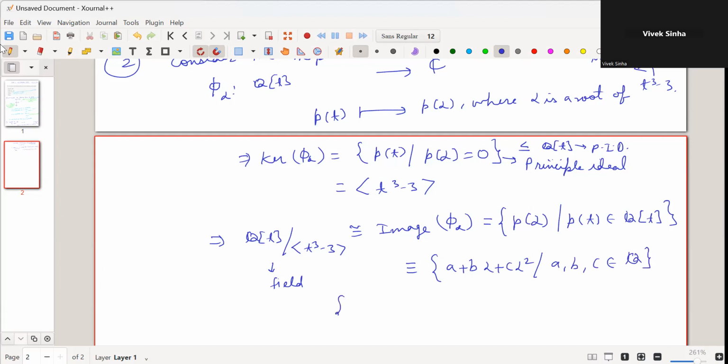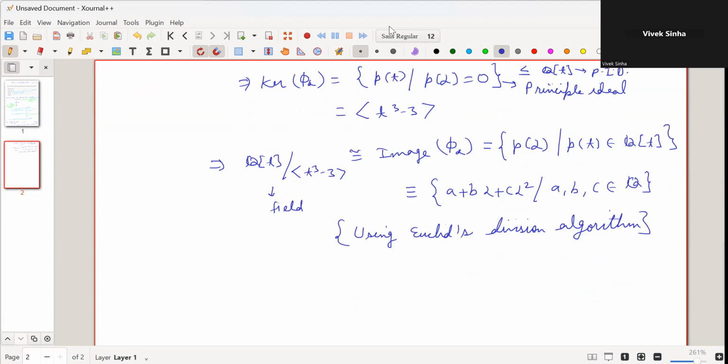Here you can use Euclid's division algorithm. So why is it so? Say you have a polynomial of degree greater than or equal to 3. Then you can divide it by t cube minus 3, right?